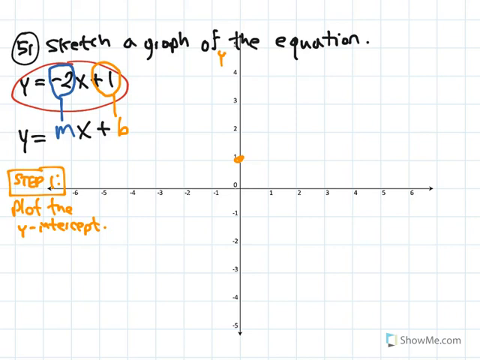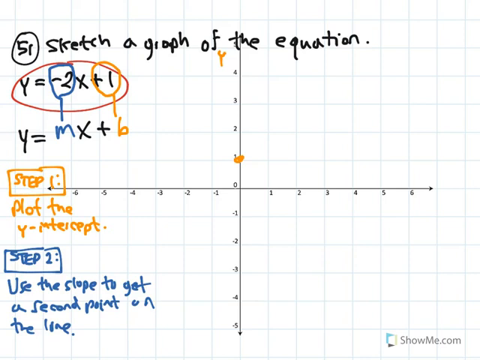And I can get a second point by using the slope. The slope is the ratio of the rise to the run. And we know the slope for this particular equation is -2, which you can write as -2 over 1.